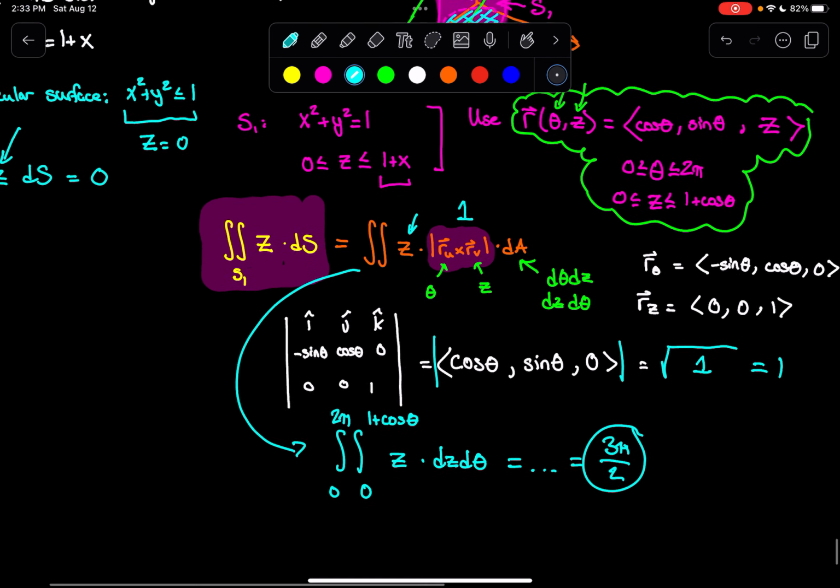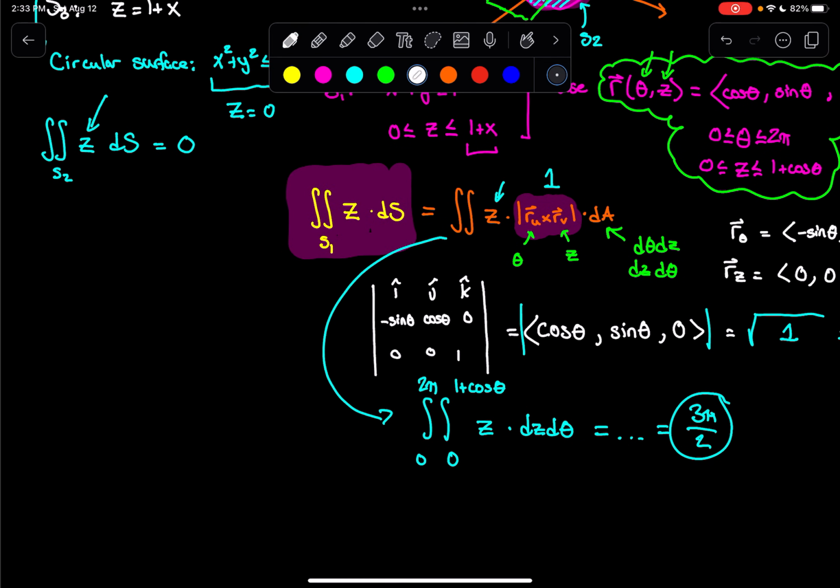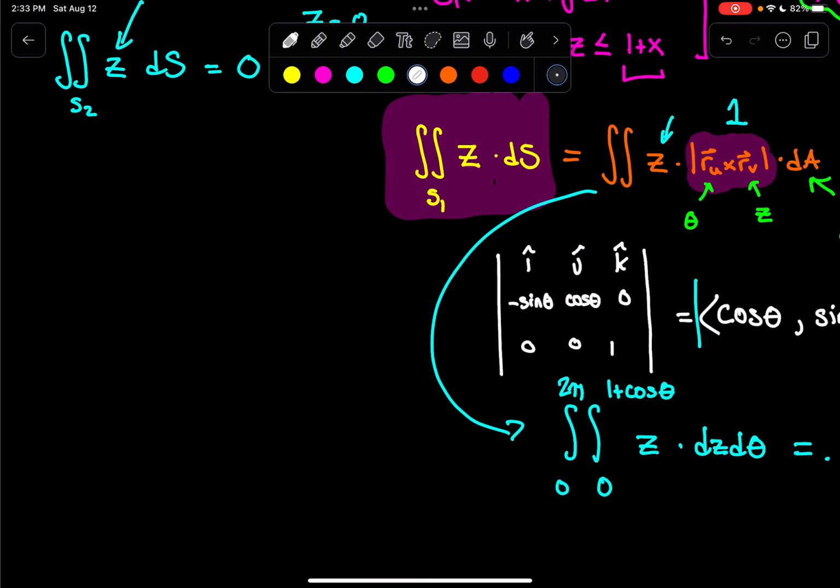And so if we finish this off by taking care of S3, we're going to do the surface integral over S3 of z dS. S3 is just a plane, z is equal to 1 plus x, and so we can replace z with 1 plus x. What are we going to do with dS?